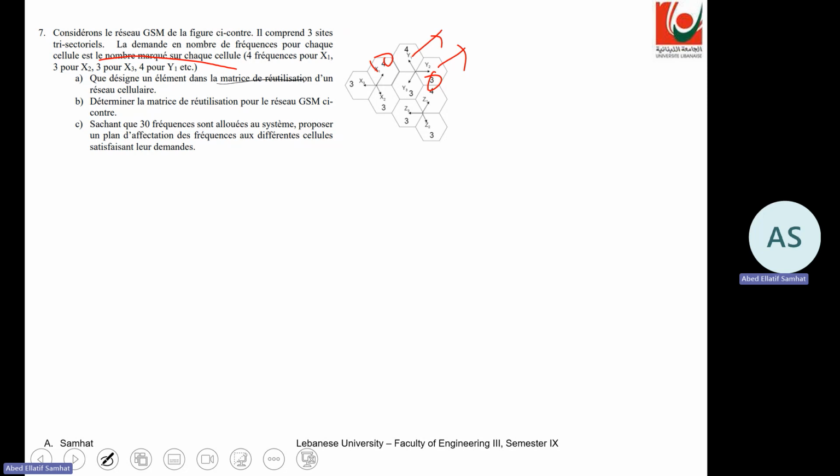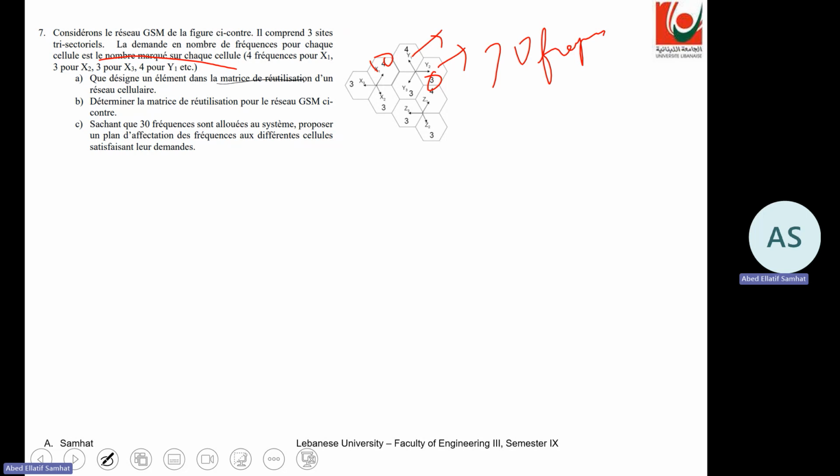The total number here is 3 plus 4 plus 4 plus 3 plus 3 plus 3 plus 3 plus 4, which is 30 frequencies. So in this cluster we have 30 frequencies, and we want to use them on this cluster, which means each frequency is used only once. And what's the reuse matrix?